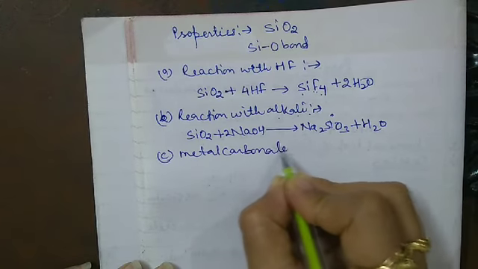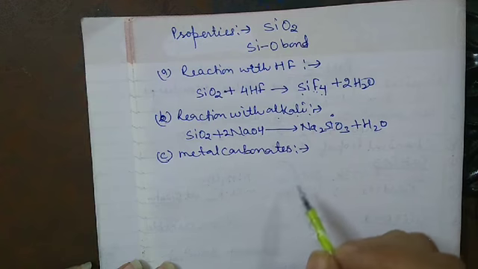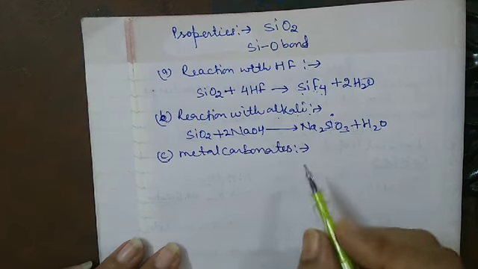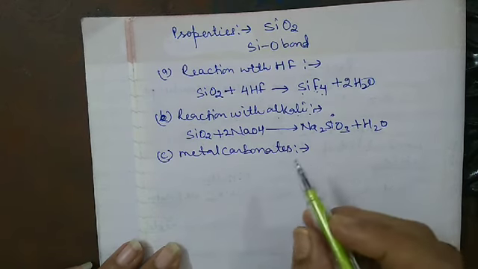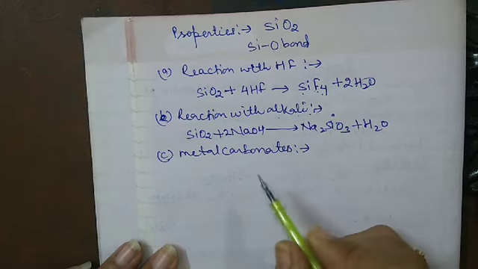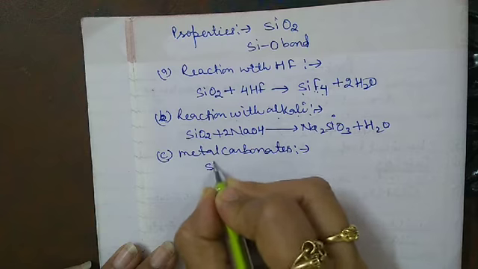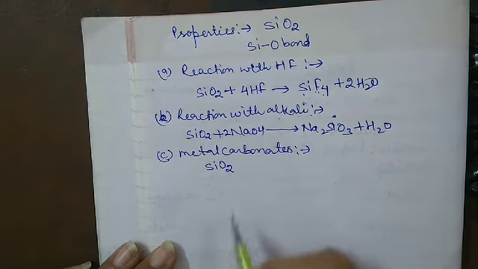Now the third one is the reaction with metal carbonate. Silicon dioxide also reacts with the carbonates of many metals at high temperature, forming the silicate with the liberation of carbon dioxide gas. How? Look here. This is the silicon dioxide.